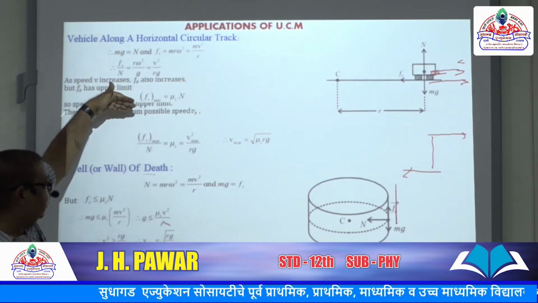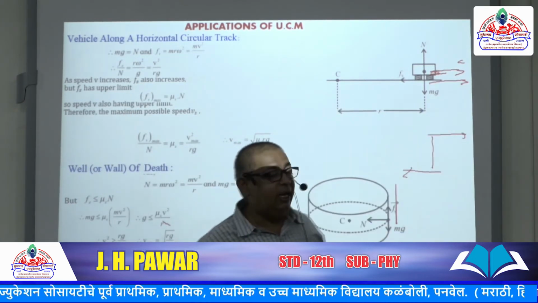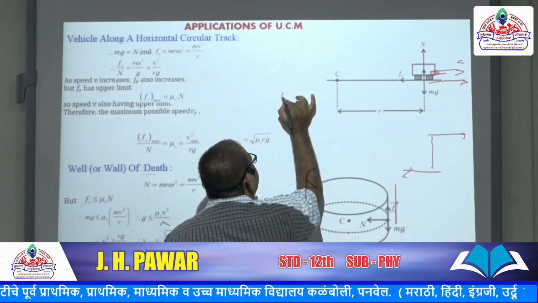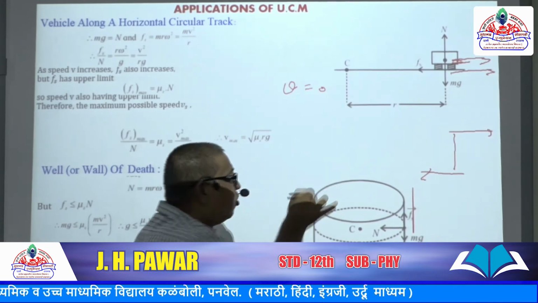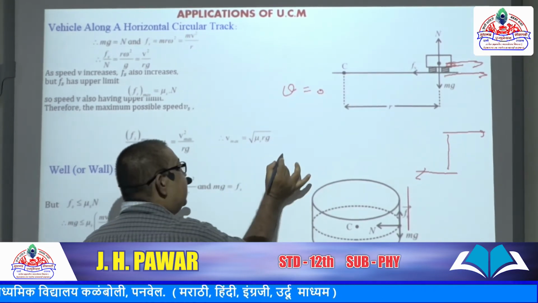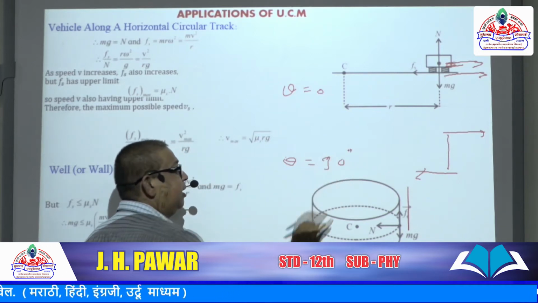What is the conclusion? Here the road is horizontal, meaning the angle of inclination θ equals 0, and here the road is vertical, meaning the angle of inclination is 90 degrees.